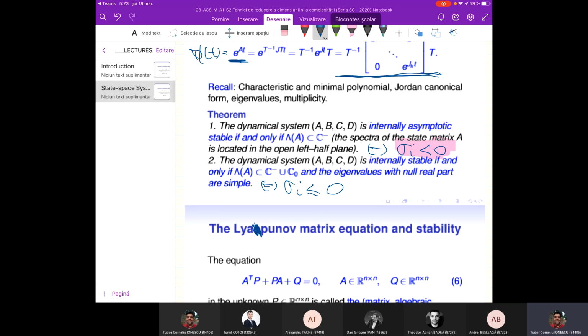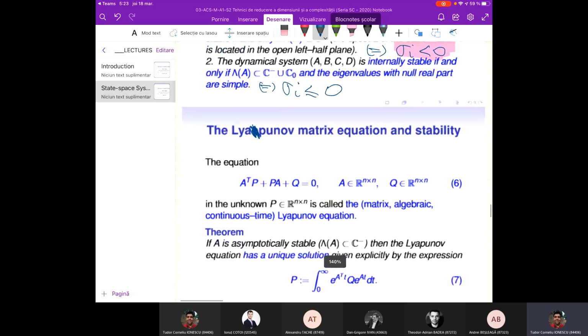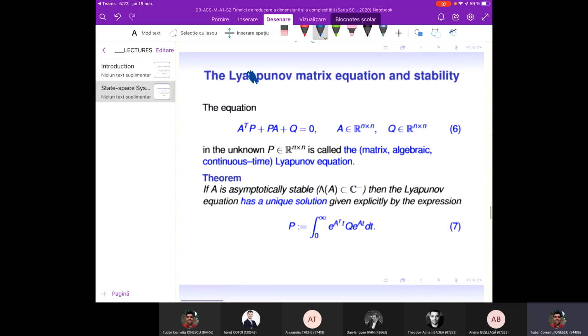So you need a more practical criterion to numerically assess the stability of the matrix A. And this is given by some nice reasoning from nonlinear systems, which we are not going to get into in detail. We are only going to present the linear version of the nonlinear theory lying behind the following slide.